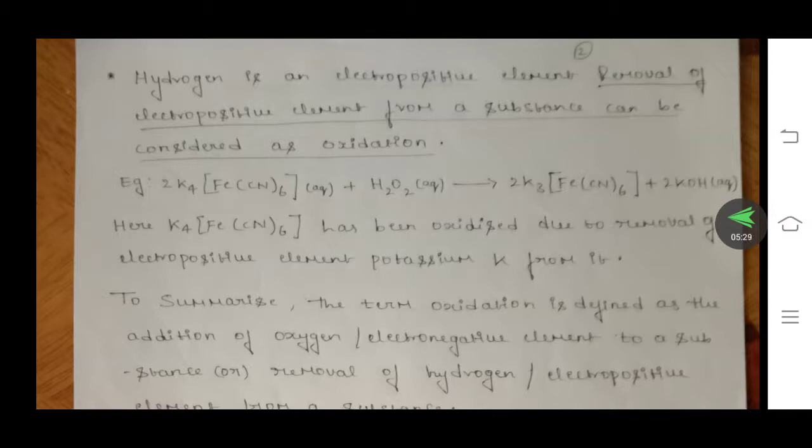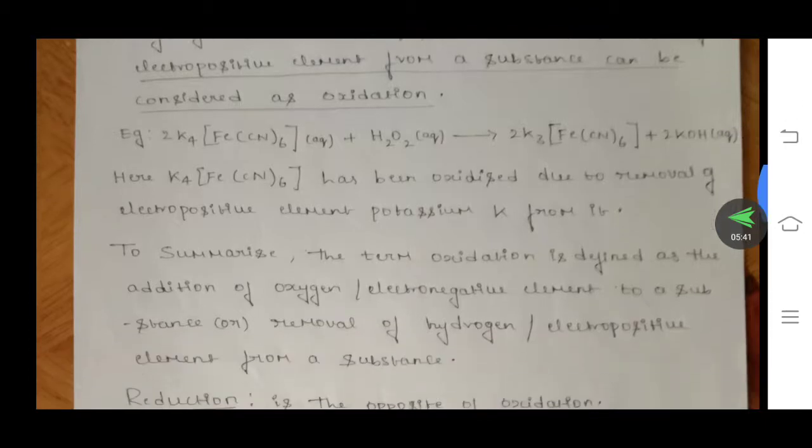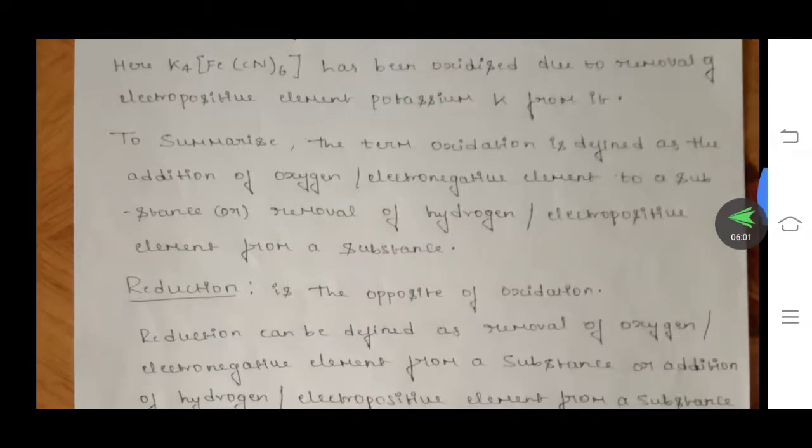So here K4[Fe(CN)6] has been oxidized due to removal of the electropositive element potassium from it. To summarize, oxidation is defined as the addition of oxygen or an electronegative element to a substance, or removal of hydrogen or an electropositive element from a substance. So this is oxidation.